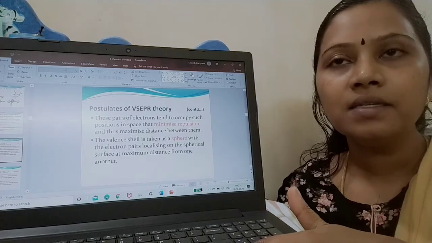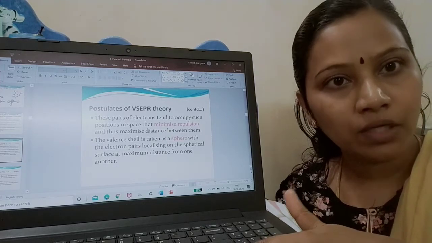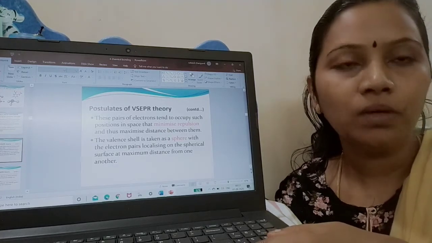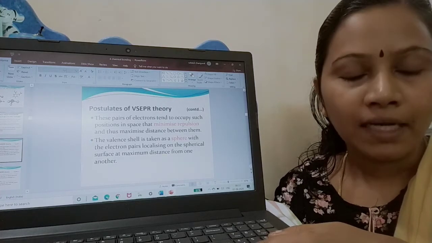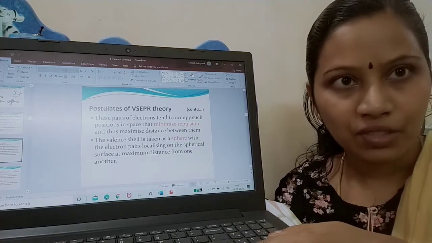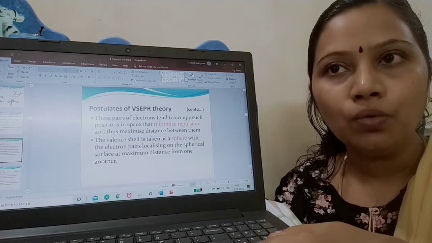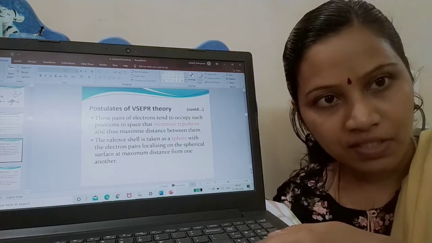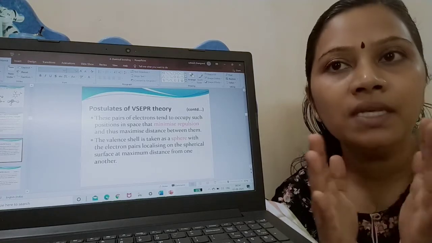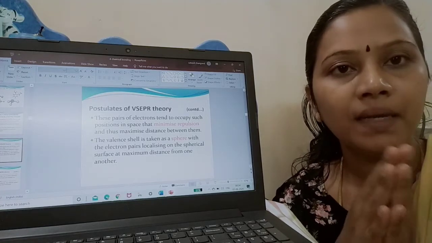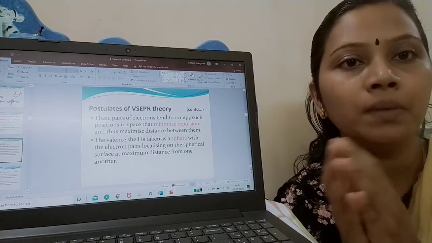This theory is used to determine the molecular geometry of a molecule. How to determine? By knowing the number of electron pairs which are located in the valence shell. Now as we know, around the central atom we have different subshells, and these subshells have many electron pairs. So these electron pairs started repelling one another. Why?